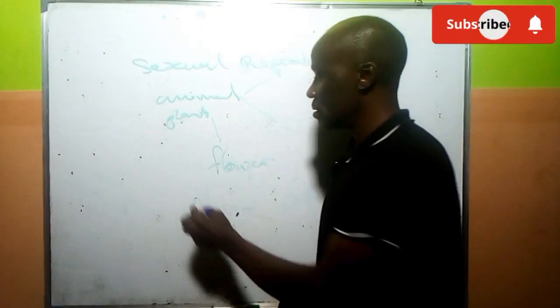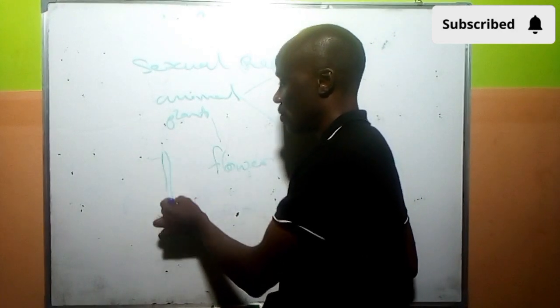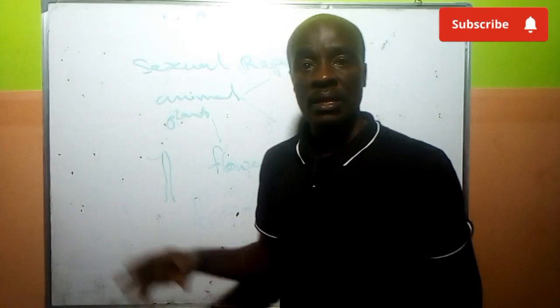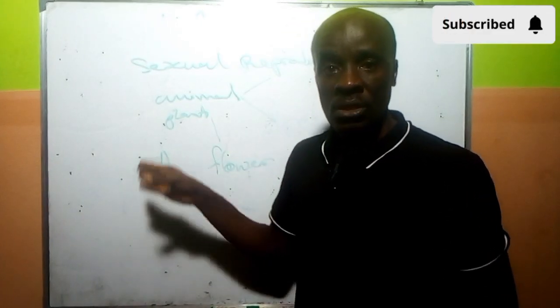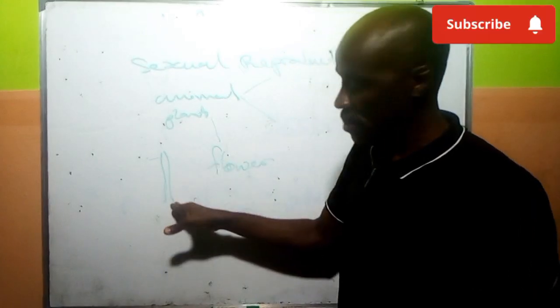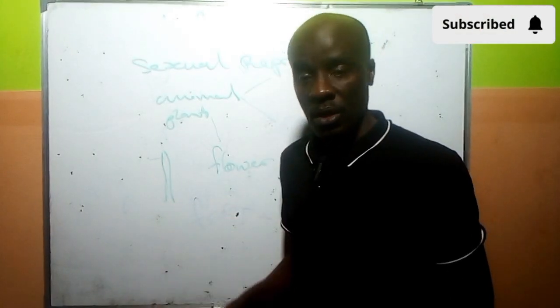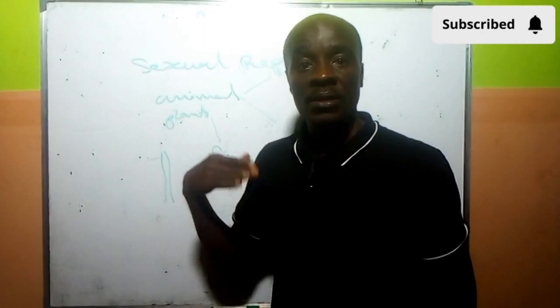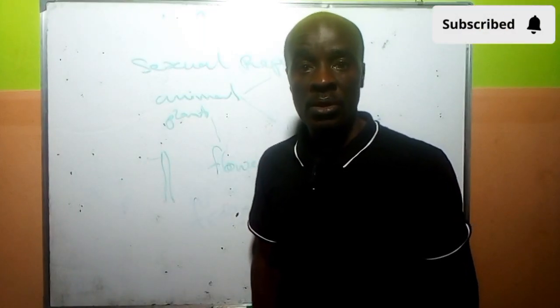This flower has pollen grains, and then it also has the stigma, which connects to the ovary, which is the female reproductive organ, while the pollen grain and the anther play a very important role in the male.